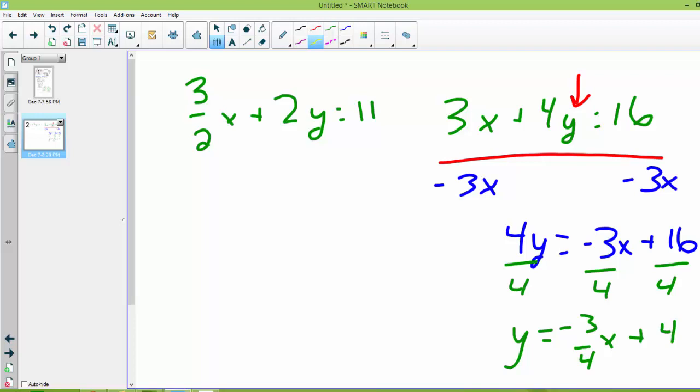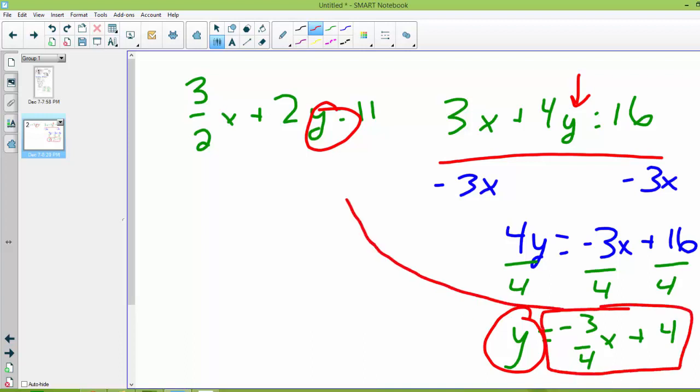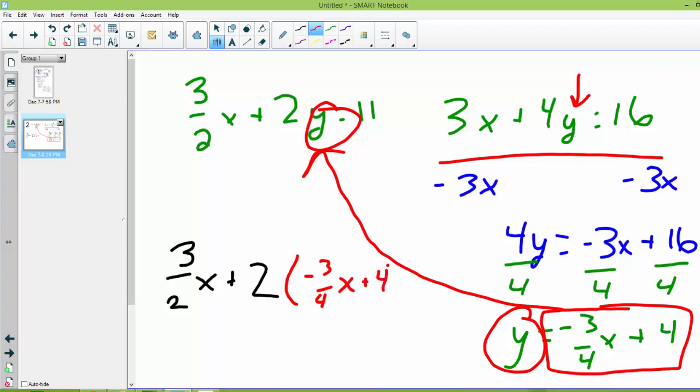All right, so this y is the exact same as this y. Therefore, negative 3/4 x plus 4 is going to go in for that y. So we're going to rewrite this equation. 3/2 x plus 2, but instead of y, you now have negative 3/4 x plus 4, and then equals 11.